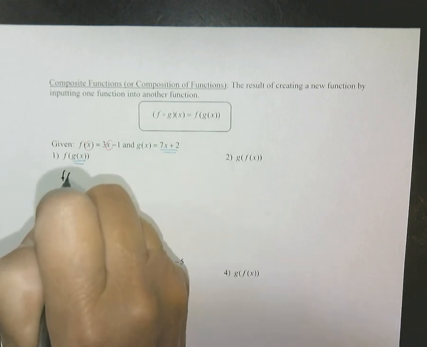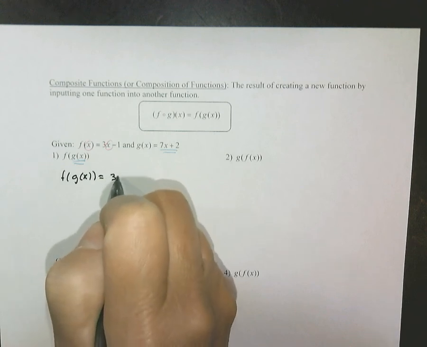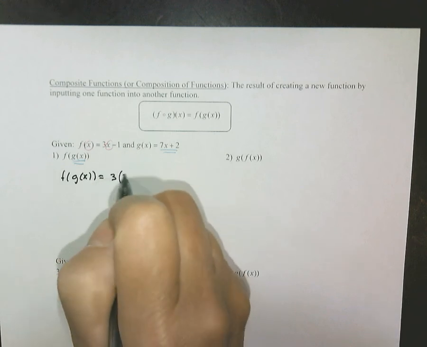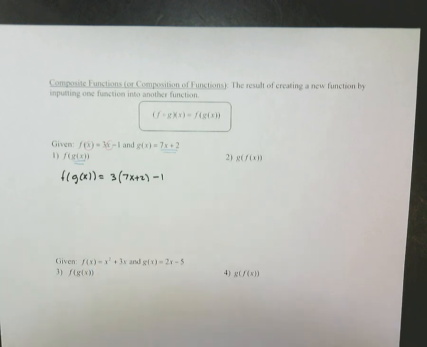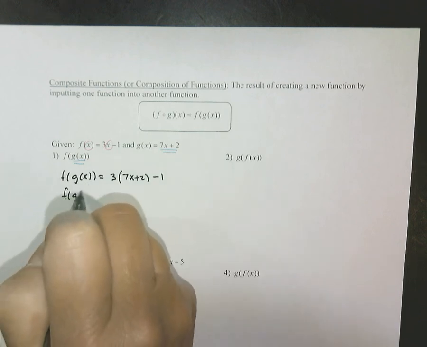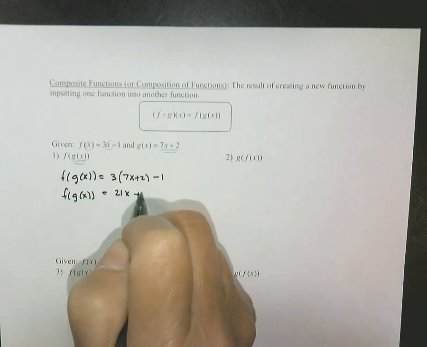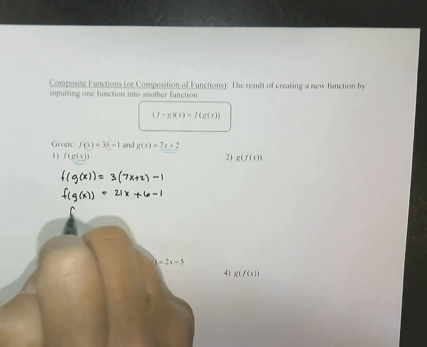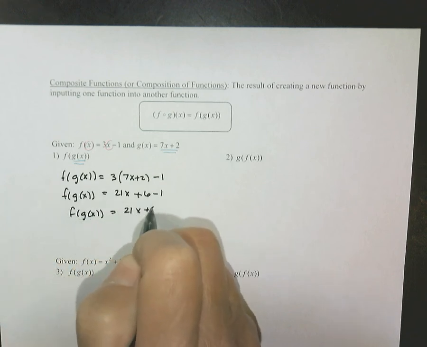So f of g of x is going to equal the 3, replace this x with 7x plus 2, minus 1. I'm just going to clean it up algebraically. So I have f of g of x equals 21x plus 6 minus 1. So f of g of x equals 21x plus 5.